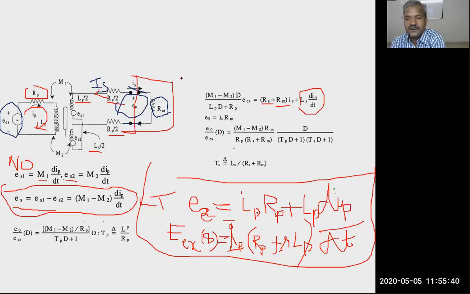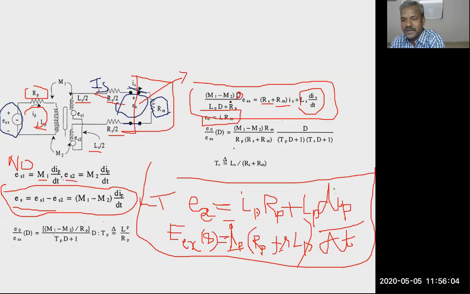Also, the output when we connect the meter is E0, the voltage across the meter resistance. Current IS is now flowing here, so E0 equals IS into RM. After taking this, actually this is wrong. D should be replaced by S. So this equals this. You apply the Laplace transform and you will get this relation.